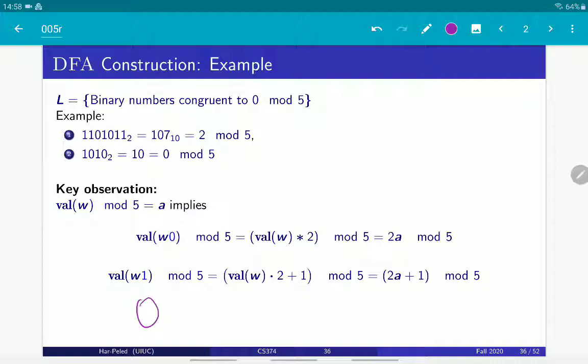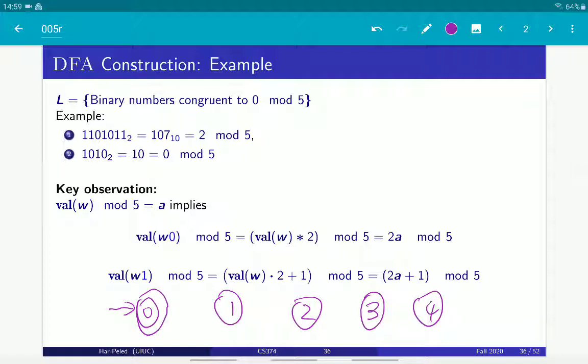Well, as usual, we're going to have 5 states: 0, 1, 2, 3, 4. And now we just need to remember how the modulo behaves when you multiply. If I'm at 0 and I multiply by 2, I remain where I am. So 0 keeps me where I am.